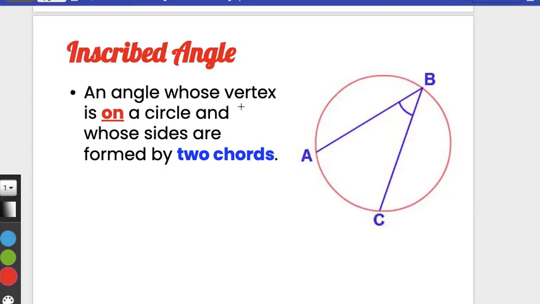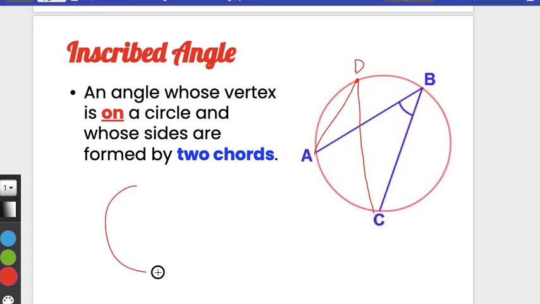If we name any point on the circle and connect, that is going to be another inscribed angle. So the very important fact is the vertex is on the circle and two chords form the angle.